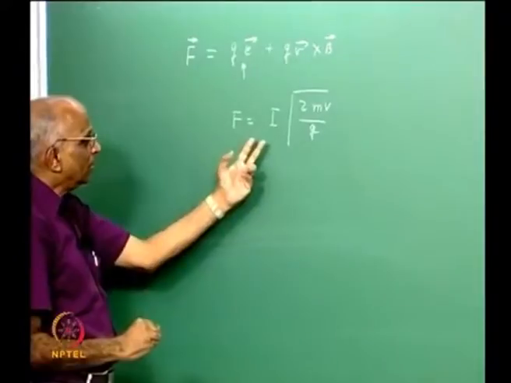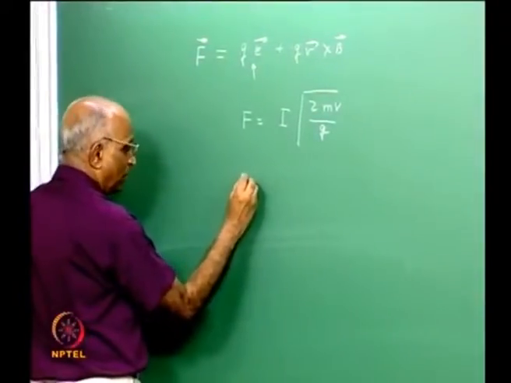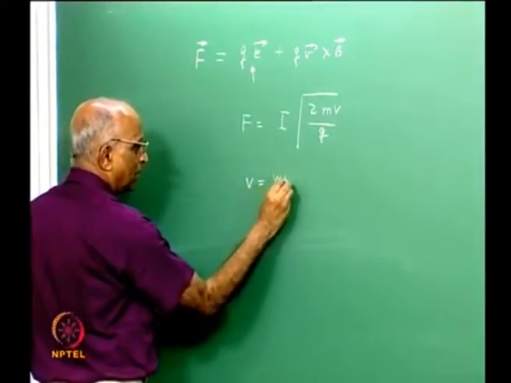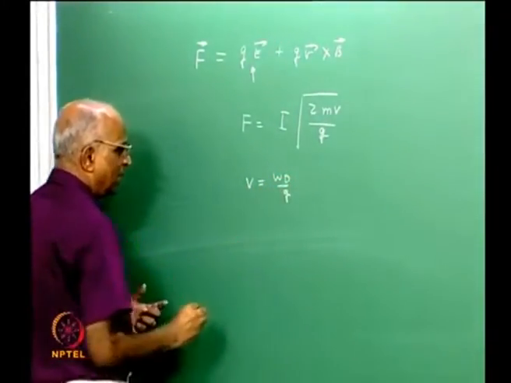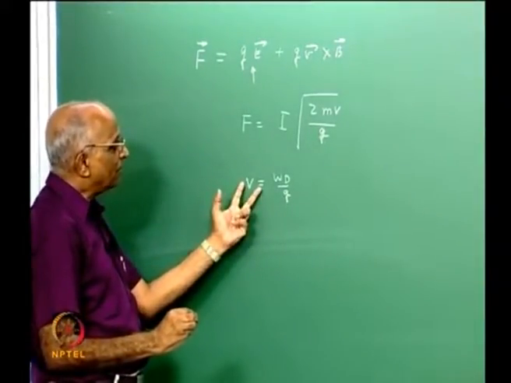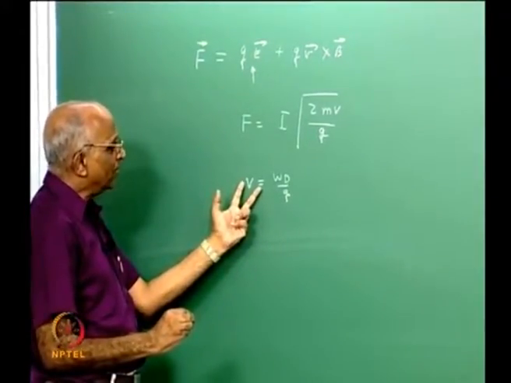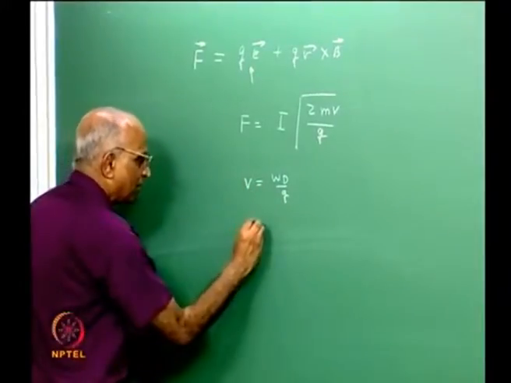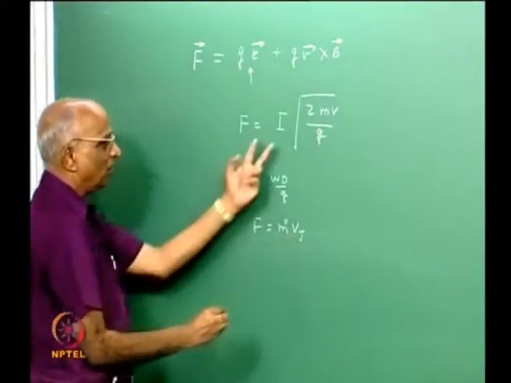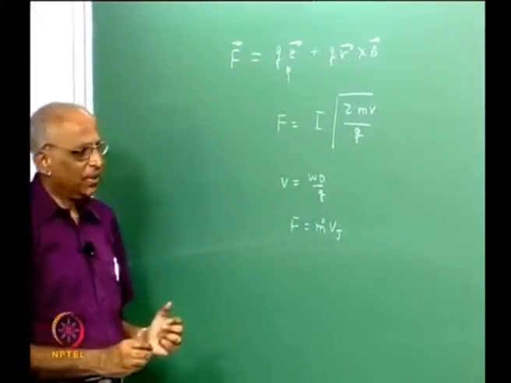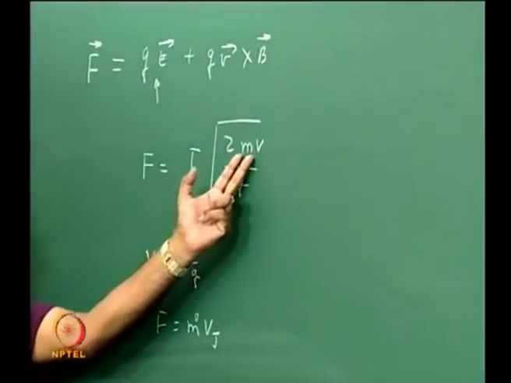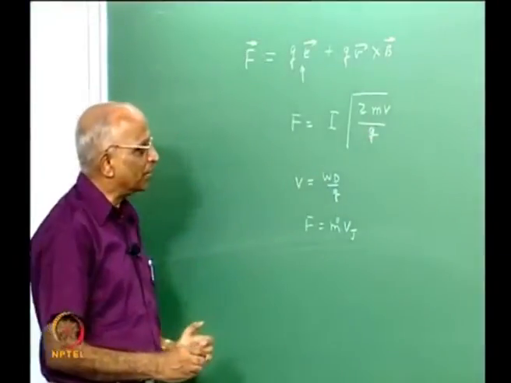We said the potential difference, voltage, was equal to the work done per unit charge, and therefore we were able to write QV over here, and from this relation and also from the relation force is equal to m dot into Vj, we got this particular relation. And this force is in newtons, I is in amperes, with the voltage, mass, and the charge over here.